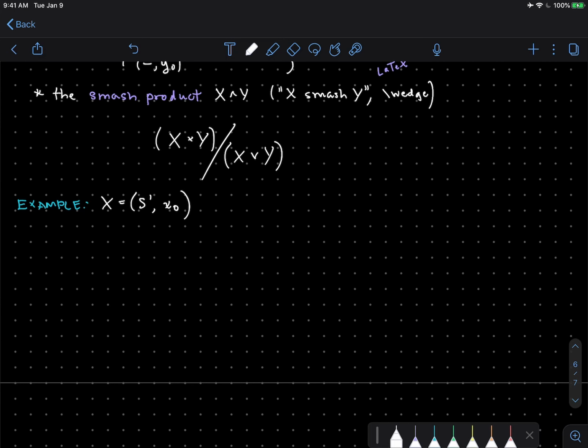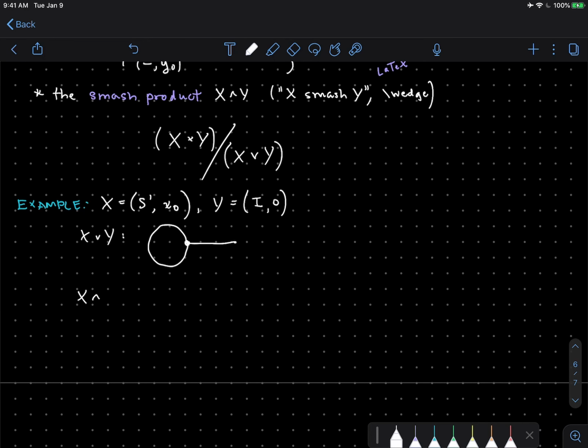It doesn't matter because it's path connected. And let Y be the interval with 0. So the wedge sum, X wedge Y, what will that look like? Well, it'll look like a circle and a line hanging off of it.